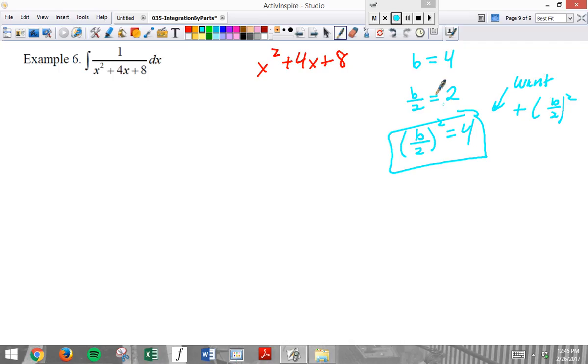It's 4. So, the common technique, the way most teachers teach us, at least I hope: x squared plus 4x plus 8, the same old thing, plus 4 minus 4. Why can I do that? Because all I did was add 0. And then I slowly mix the parts around. x squared plus 4x, and now this imposter part replaces the 8.